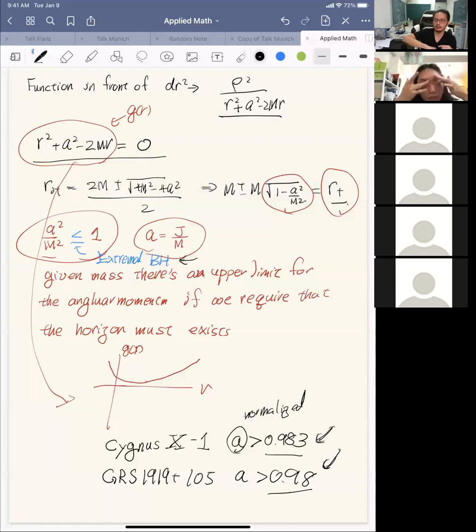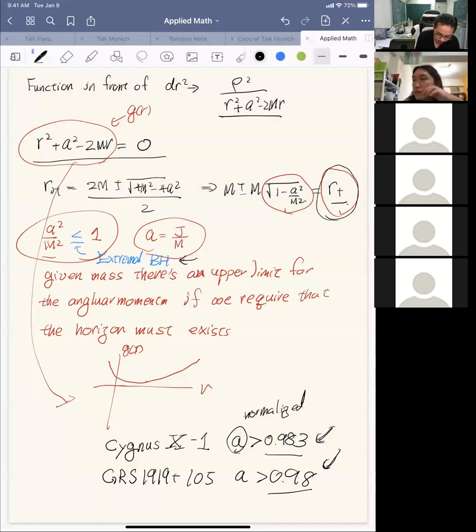Over a sufficiently long time, it's natural to expect that eventually we'll see many of these near extremal black holes. However, once again, the theoretical argument for why it is bounded from above is that you must have a horizon. In other words, you cannot have a naked singularity, as we mentioned last time.